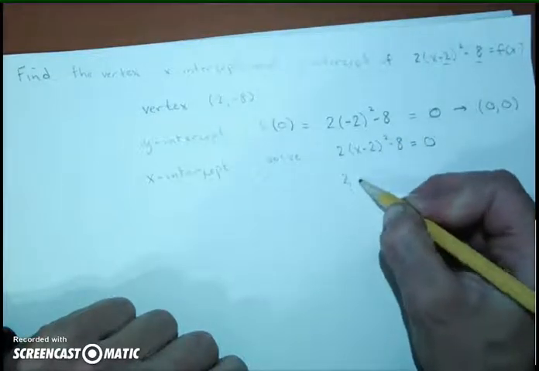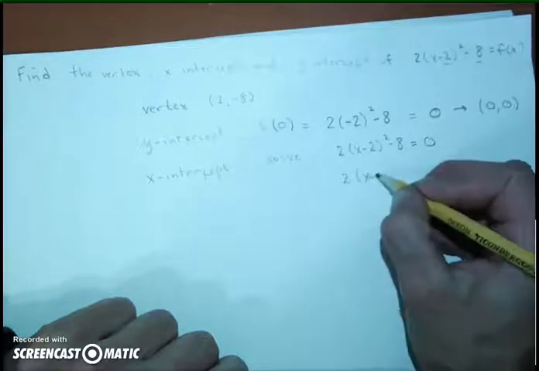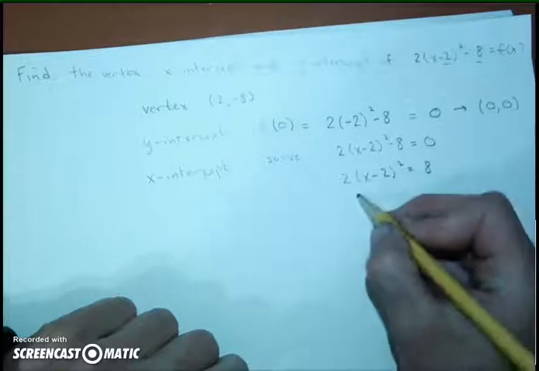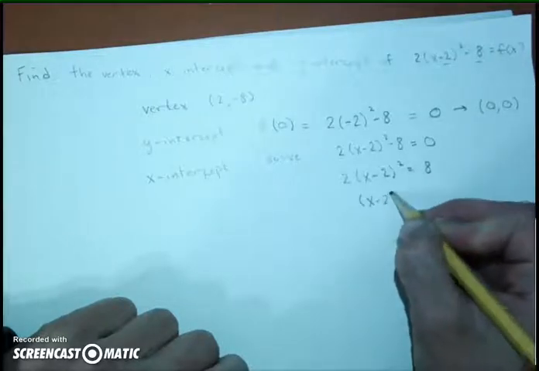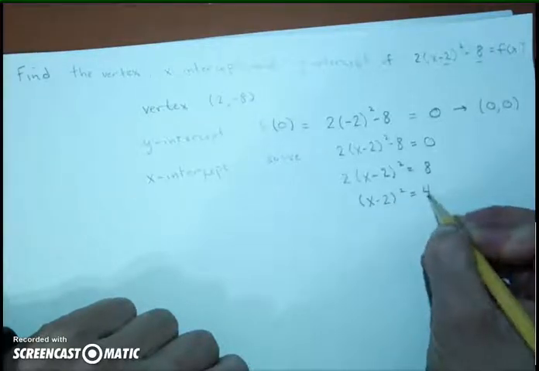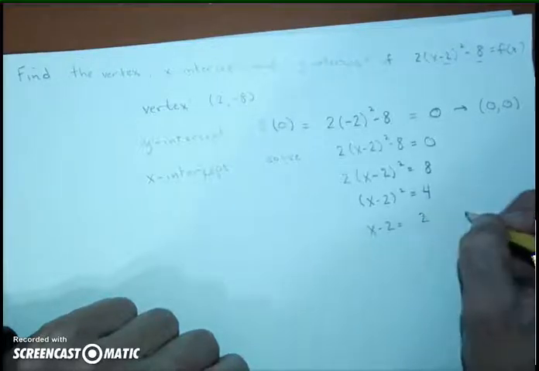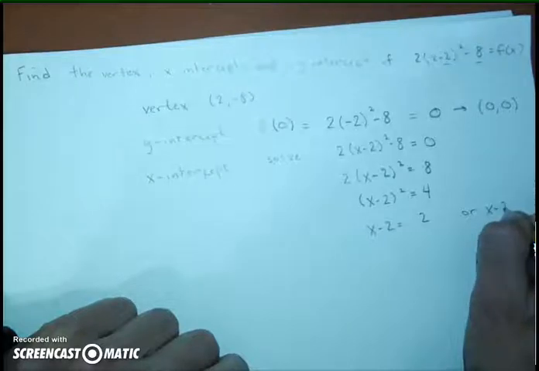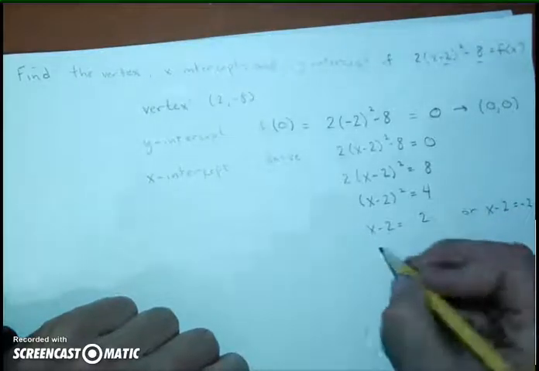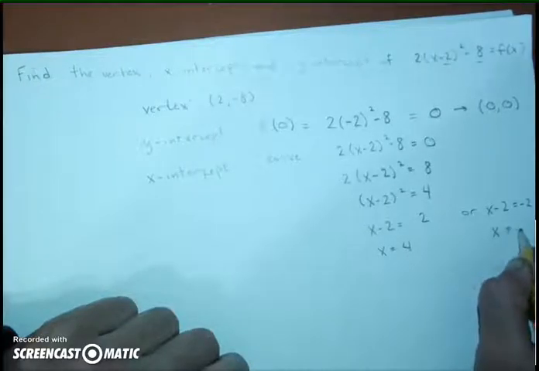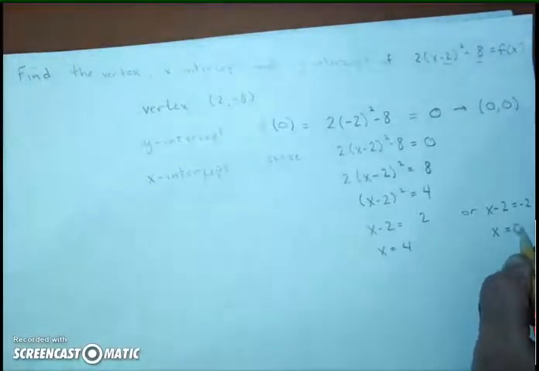So I'll do it that way. I have 2 times x minus 2 quantity squared equals 8. So then x minus 2 quantity squared equals 4. So then x minus 2 either equals 2 or it equals negative 2. In this case, x is 4, and in this case, x is 0.